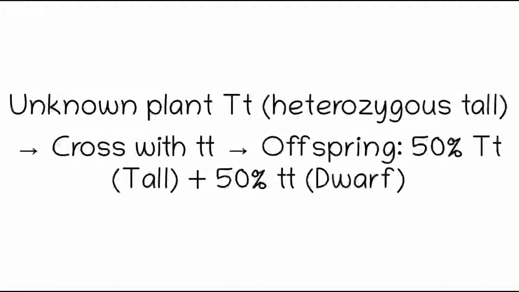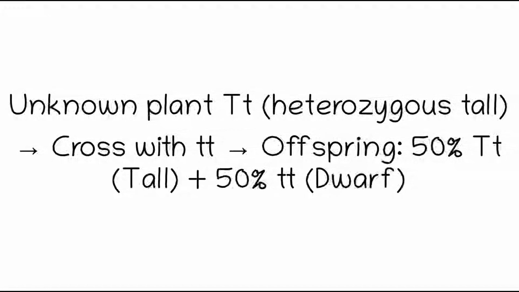Again, we take capital T small t heterozygous tall and cross it with small t, so the offspring we will get are 50% tall, capital T small t, plus 50% dwarf, small t.